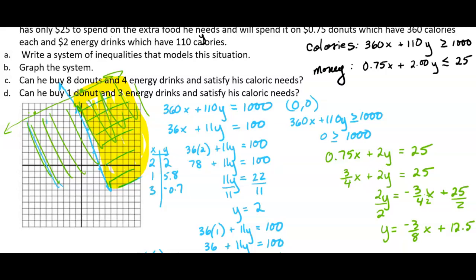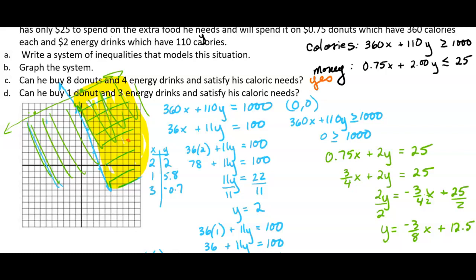Okay, can he buy 8 donuts and 4 energy drinks? So 8 donuts, 4 energy drinks, 1, 2, 3, 4. This point right here satisfies his caloric needs. Yes, it's in the yellow area, so it looks good.